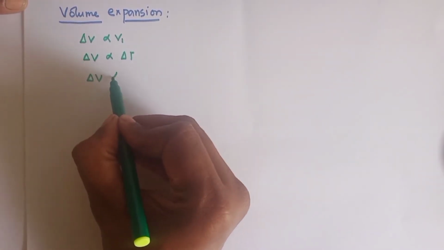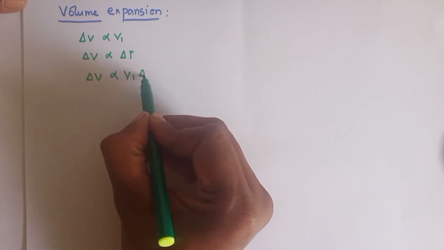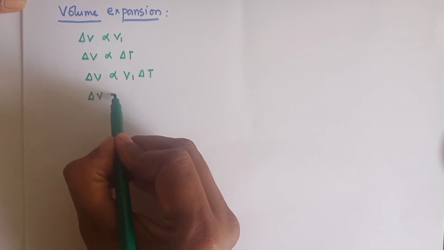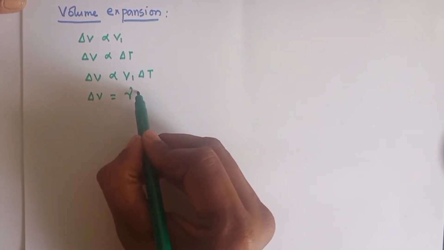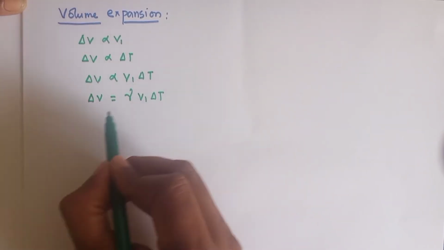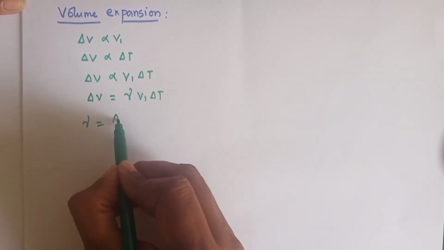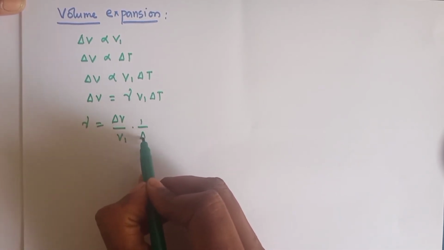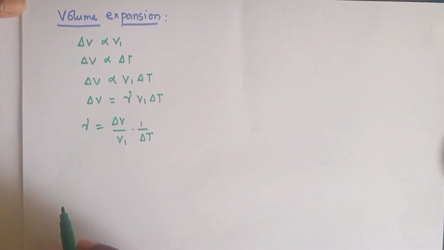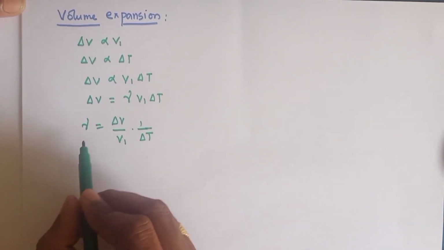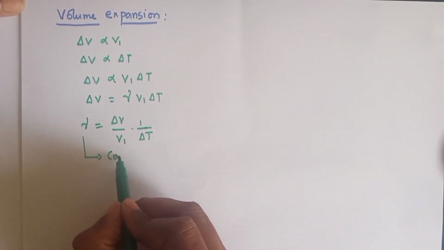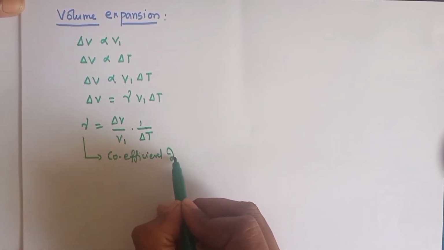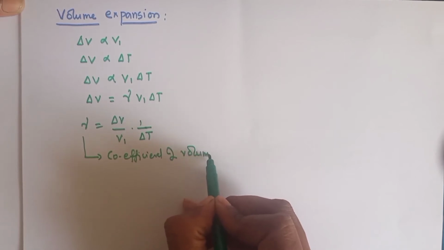So delta V is equal to gamma V1 delta T, where gamma is equal to delta V by V1 into 1 by delta T, right? This is called the coefficient of volume expansion.